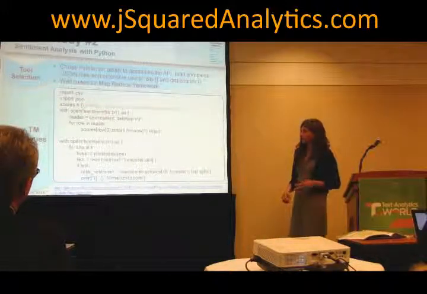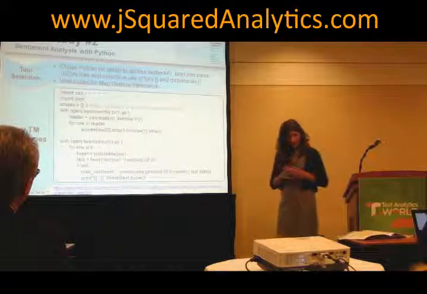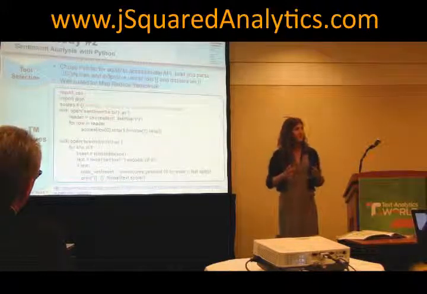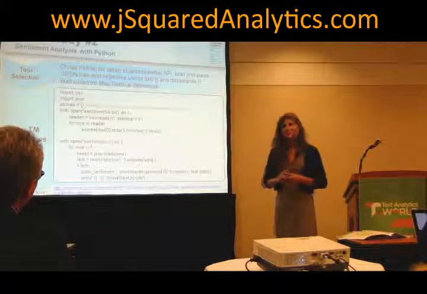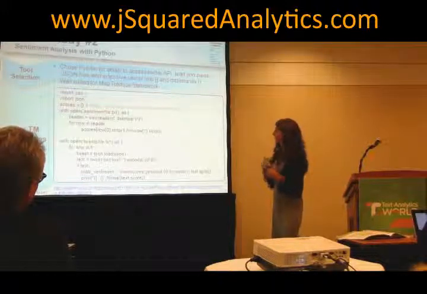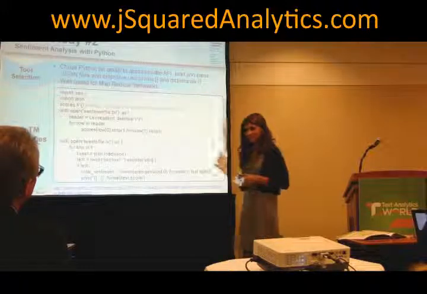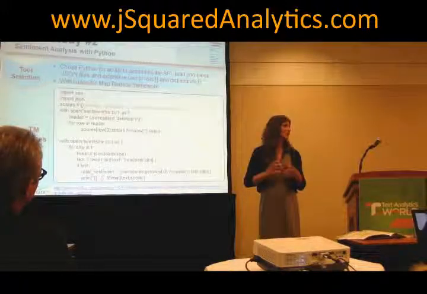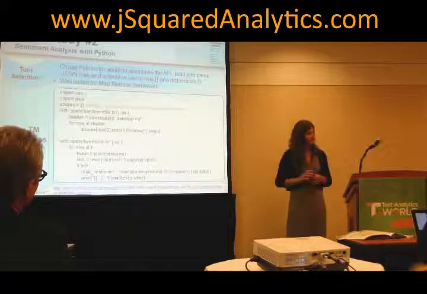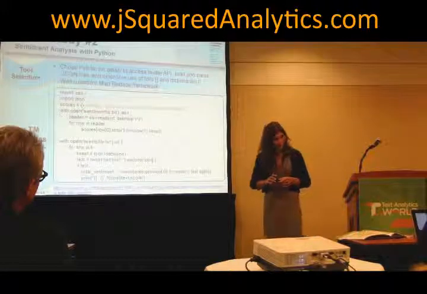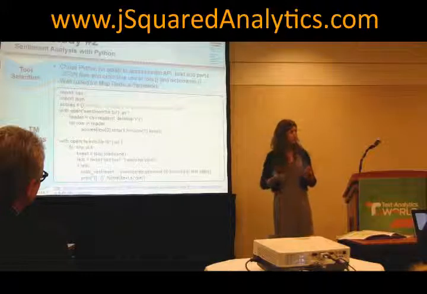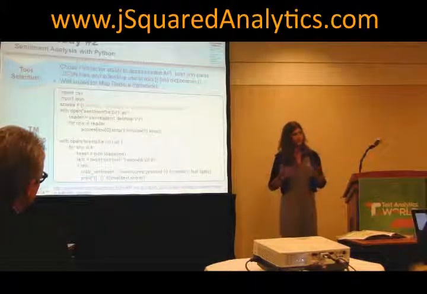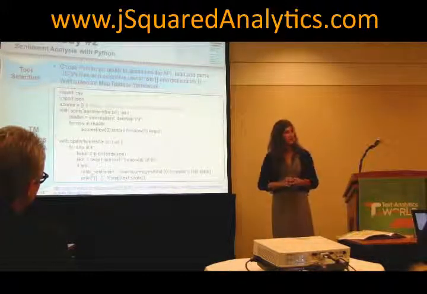Why did I say this was hard? If regular text is messy, Twitter is a disaster. From a text perspective, Twitter is just a total disaster in terms of the number of things in there that are completely meaningless. The amount of garbage information that you have to sort out to get to what you're actually trying to measure is just unbelievable.